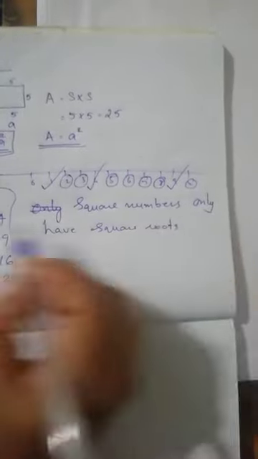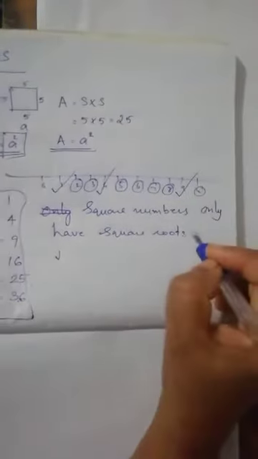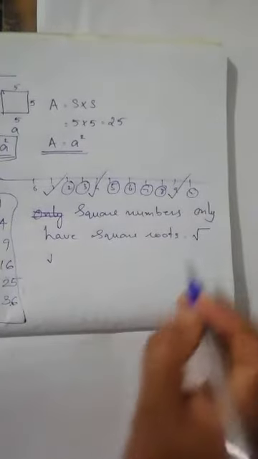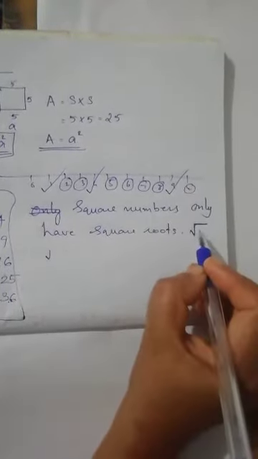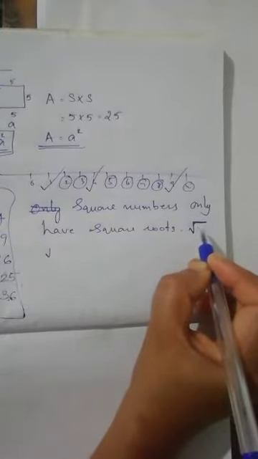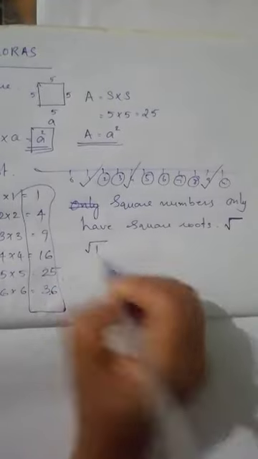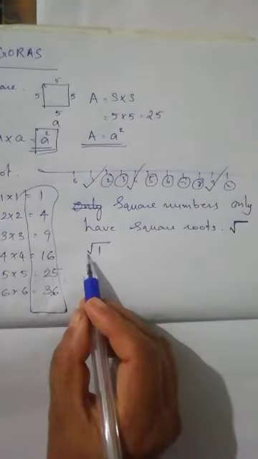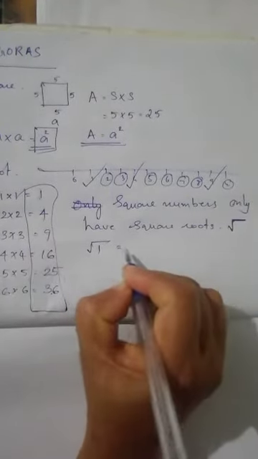Only these numbers have square roots. The symbol for square root is written like this, and the number goes inside, under this line. We can read it as square root of 1. Square root of 1 is 1.